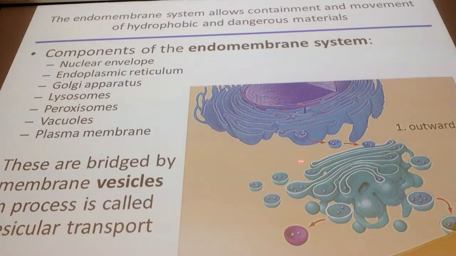And then these proteins get gathered up, and then another vesicle pinches off and goes to the next cisterna, right? So there are multiple cisternae, and these proteins move from one cisterna to the next, all the way to the trans face of the Golgi. And then from the trans face, the vesicle forms again. The vesicle is either delivered to the plasma membrane, and that part right there is a part of the exocytotic pathway.